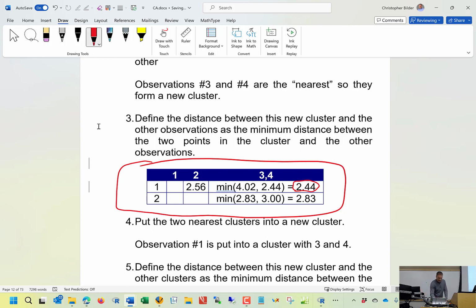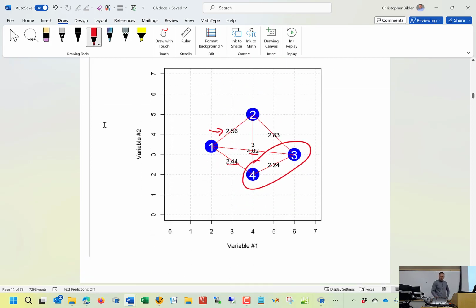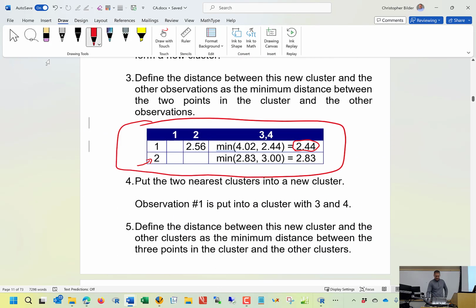Now, what about the cluster that has just observation 2 in it? Let's look back at the plot again. The distance between 2 and 3 is 2.83. The distance between 2 and 4 is 3. So the nearest neighbor to 2 is observation 3. And so the distance between 2 and the cluster that has 3 and 4 in it is 2.83.